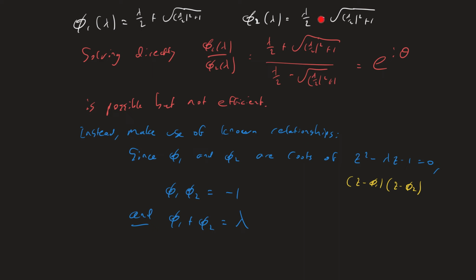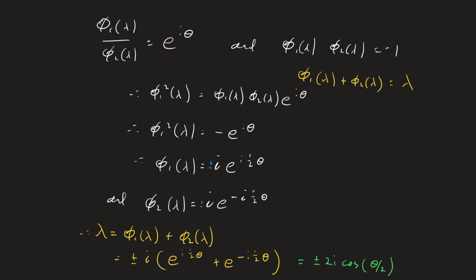So for any value of lambda, this will be true always, due to the fact that phi 1 and phi 2 are roots of this quadratic equation. So conceptually, we are solving this equation here, but by making use of these relationships, we can get the answer much faster, which we do on the next page.